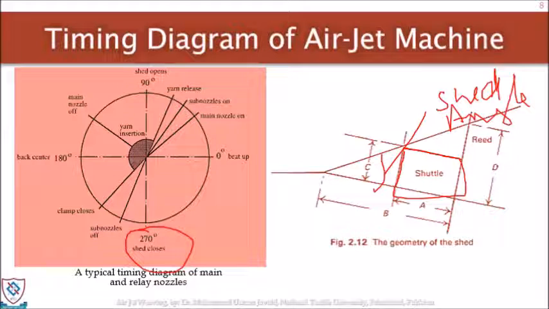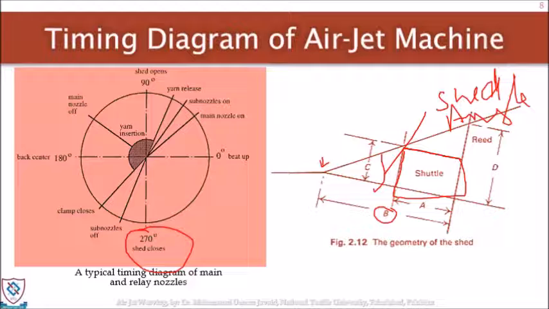This shed angle is very high in the case of the shuttle because the shuttle is very close to the fell of the cloth. This distance, distance B, would be almost the same as in the air jet, but the requirement of shed angle is too high because the shuttle is very big.